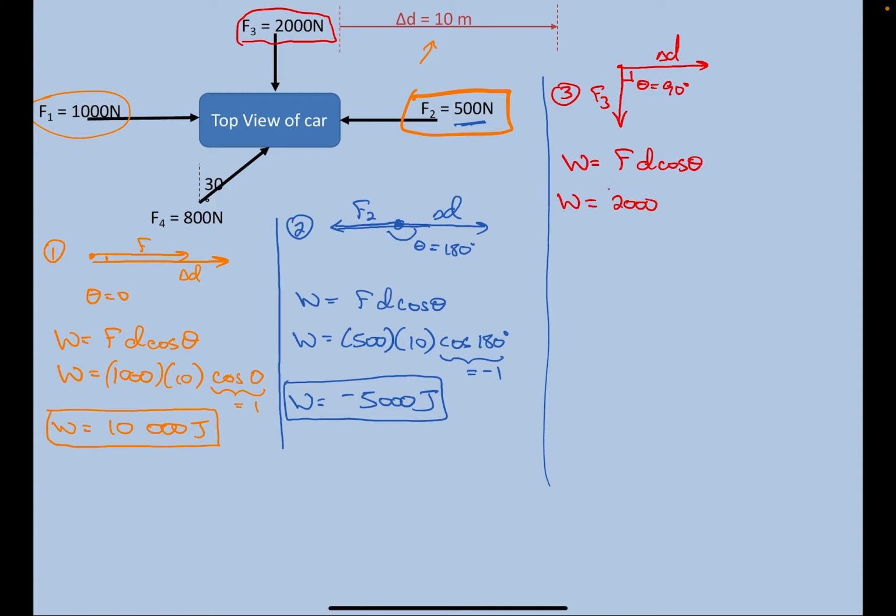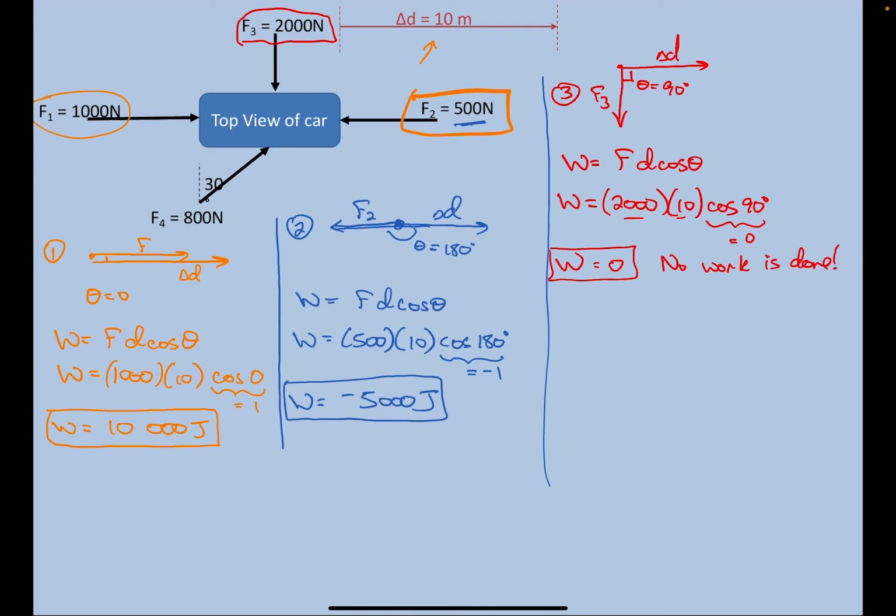Again, I don't care about directions here, just sub in the number. Displacement is 10, sub in the number. This angle here, cosine of 90 degrees, will take care of any direction stuff that we need to know. And cosine of 90 is 0. So it actually doesn't matter what force and displacement I sub in here. I'm just going to get 0. So no work is done by student number 3.